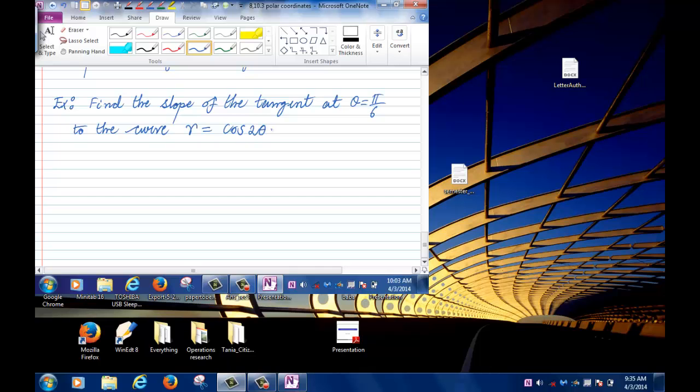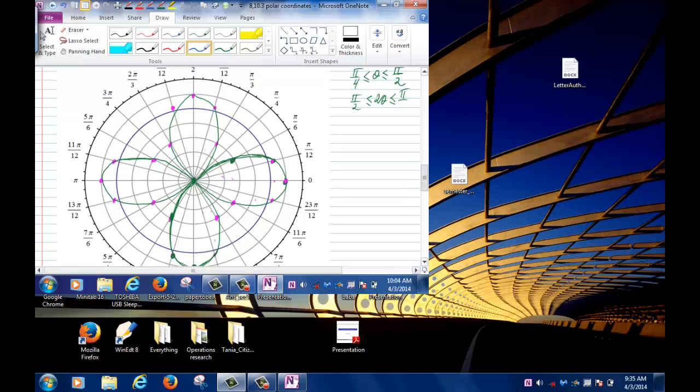Okay, so that is, if you look at the picture here, we are trying to find what's the slope at this point here, right?